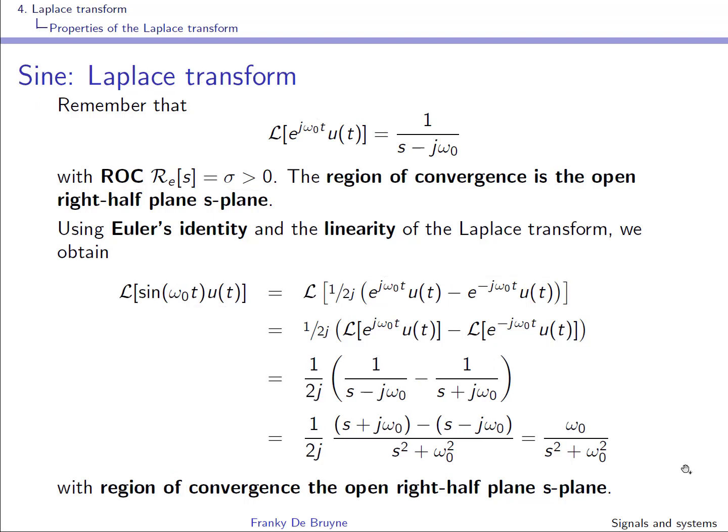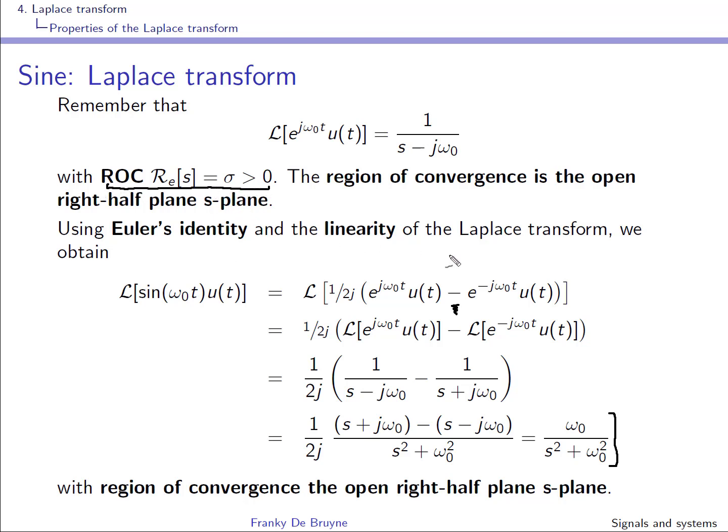Here we do something very similar but for the sine, and the only difference is that the plus has become a minus, and instead of having 1 over 2, it's 1 over 2j. If you go through the calculations, you'll see that the Laplace transform of a sine is given by this expression with, again, the same region of convergence.